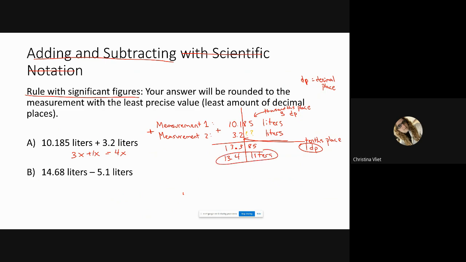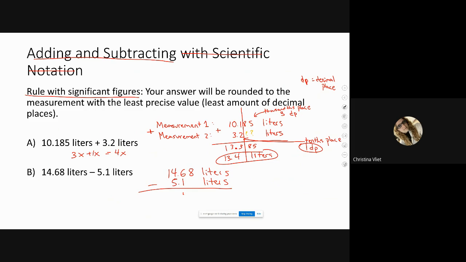All right, let's take a look at the second one. 14.68 minus 5.1. The rules for addition and subtraction are exactly the same as each other. Now that we got that idea from the last one, in 14.68, where would I write my cutoff line?